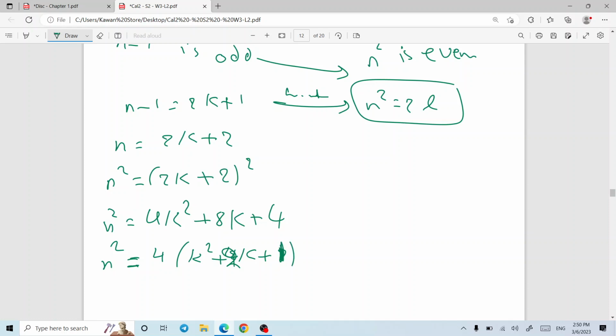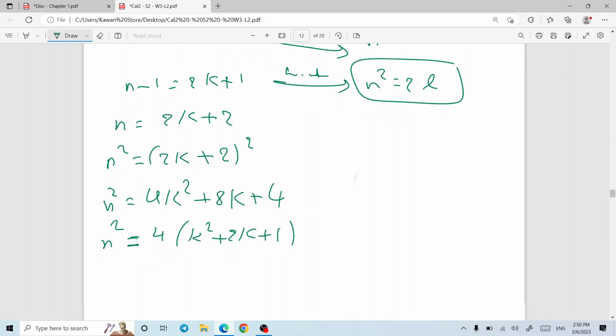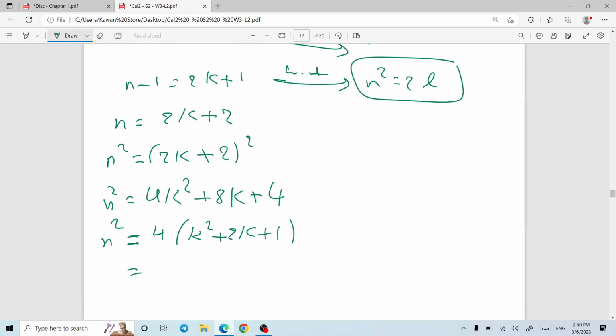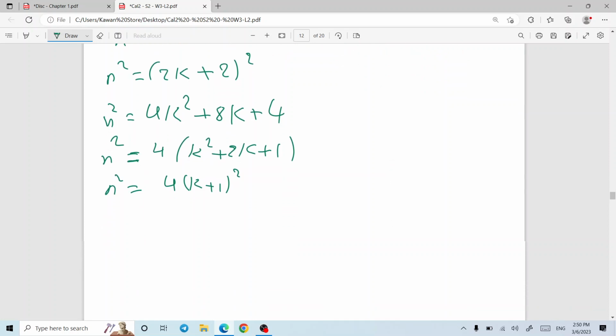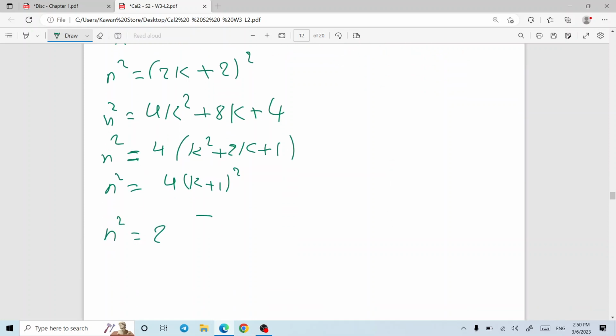Am I right? Yalla, complete the square and understood.